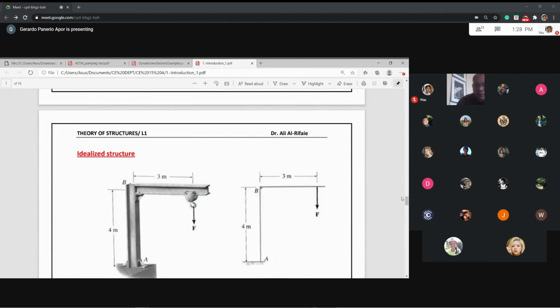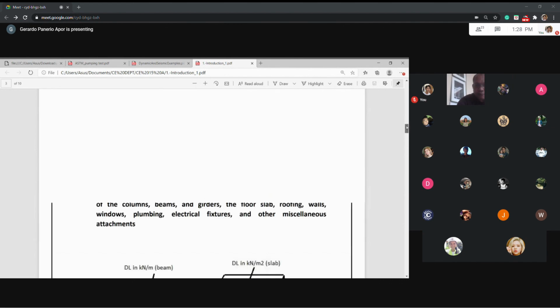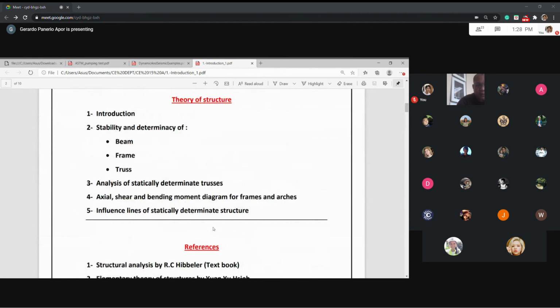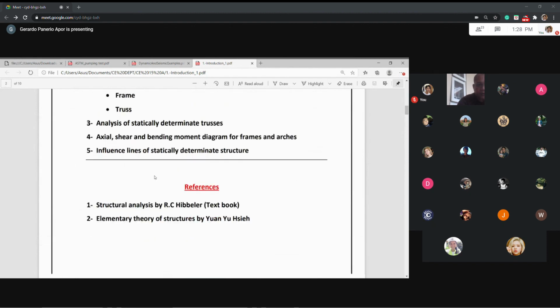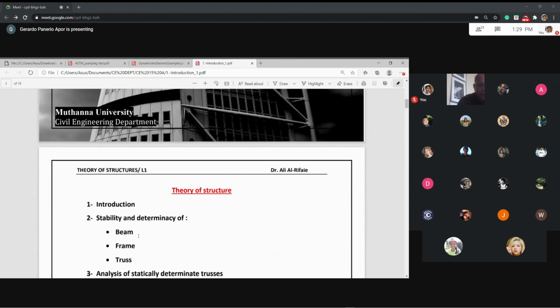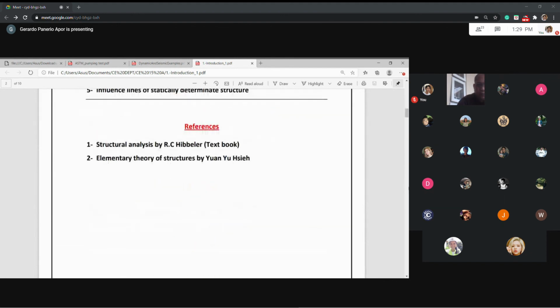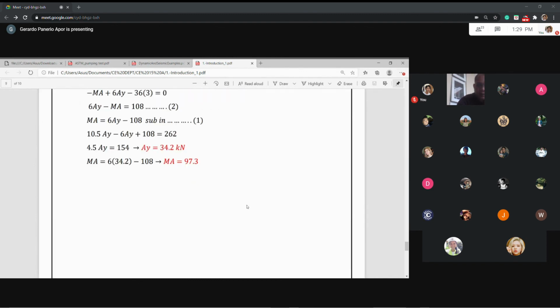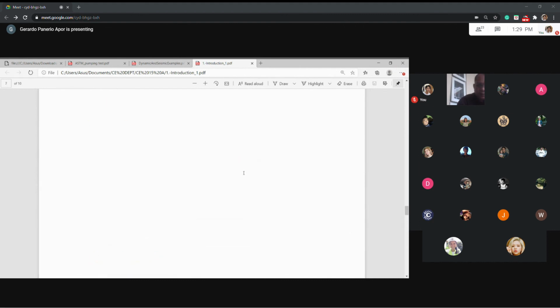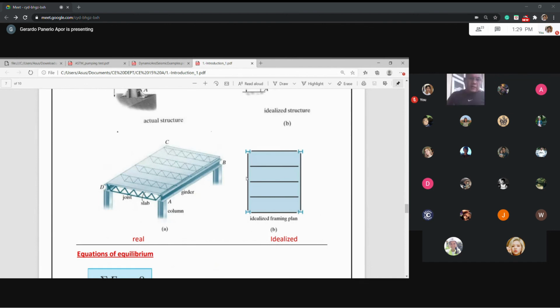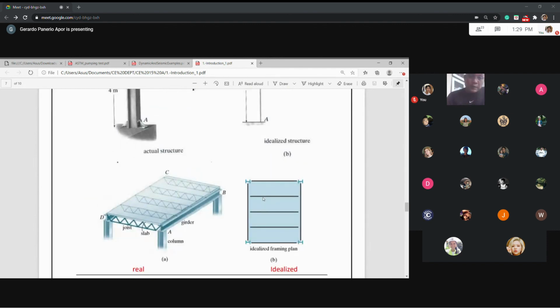So far, if I recap, we have finished the introduction. Next will be beams and frame structures. What I have told you this afternoon is about the introduction.